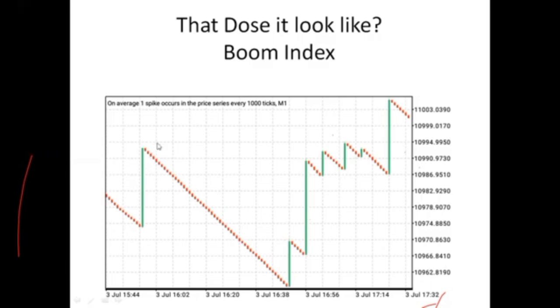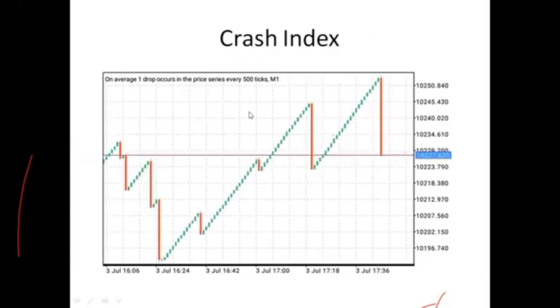So in the boom market, there are two characteristics. You have the spike heading to the upside, and you have the little candlesticks heading to the downside. In the crash markets, we have the spikes heading to the downside and the little candlesticks gradually moving to the upside.